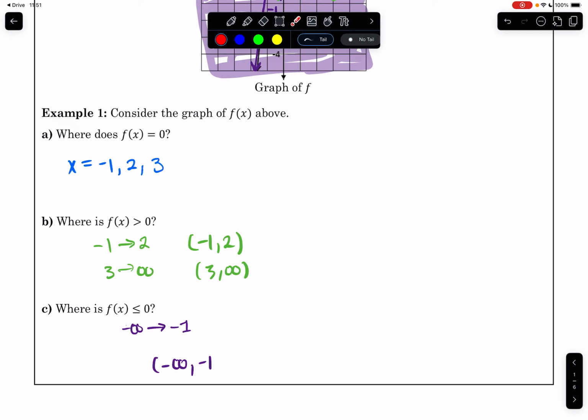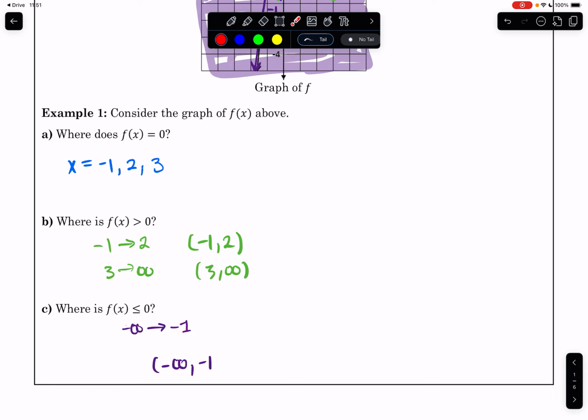But on this example, since I'm looking for the values where the y value is going to be less than 0, that happens at the x values from -infinity to -1. But because of the equal sign, that means we also have to look at what makes this equal to 0. Well, it equals 0 at -1, as we said right there.